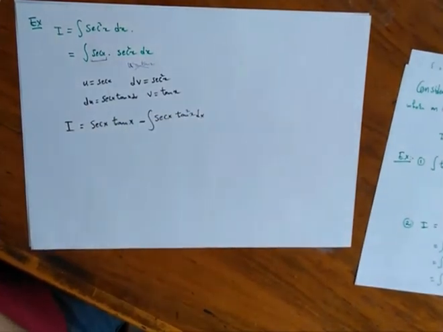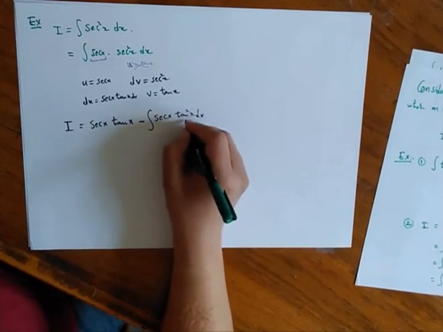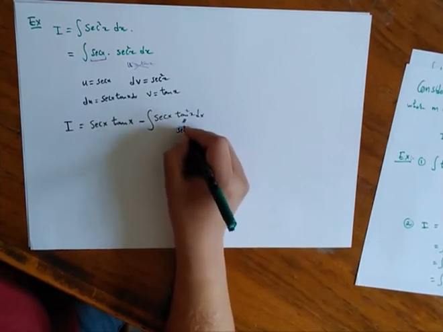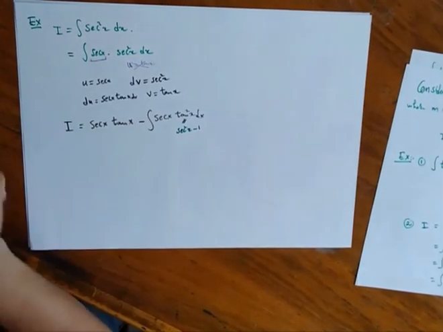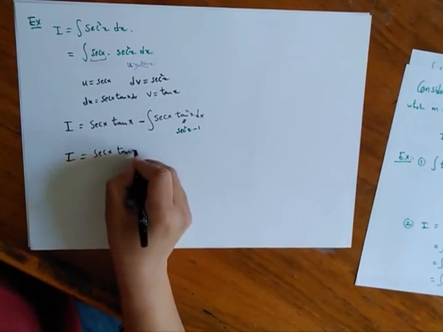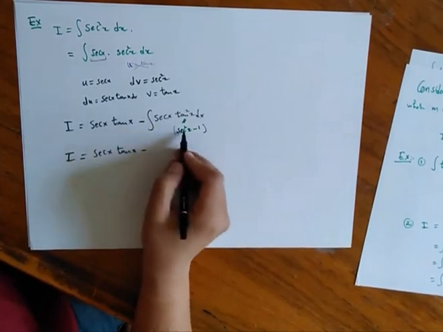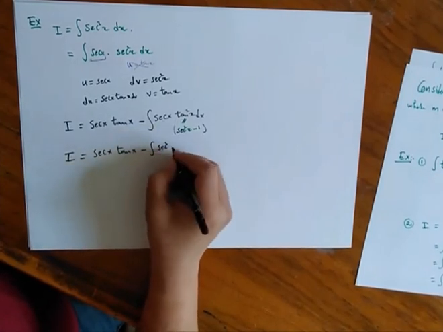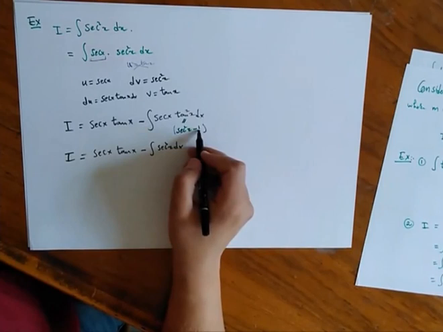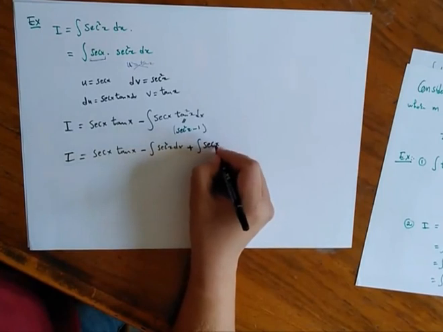Okay, we did not finish. We don't know how to integrate this integral, but maybe we can substitute the value of tan square, which is secant square minus 1. In this way our integral will be I equals again sec x tan x minus, first, you multiply this secant by secant square, so you will have secant cube x dx, and then you will have sec x times negative 1, but again you have another negative here, so it will be plus sec x dx.